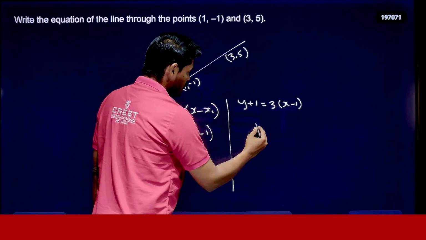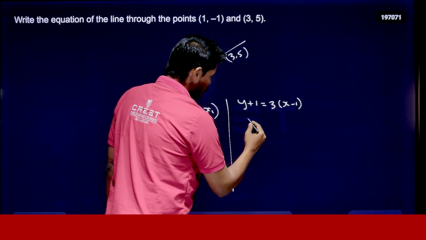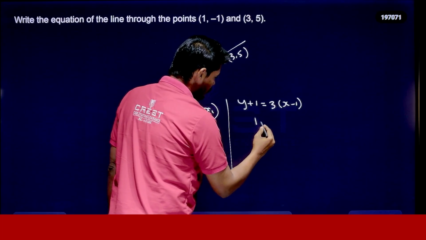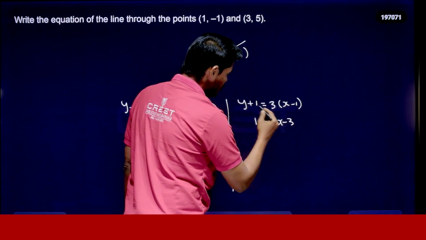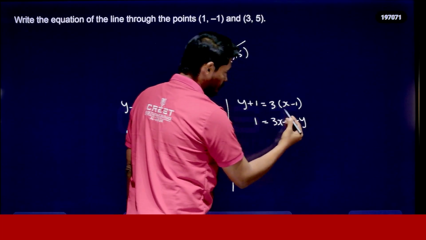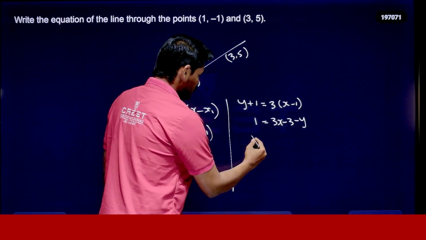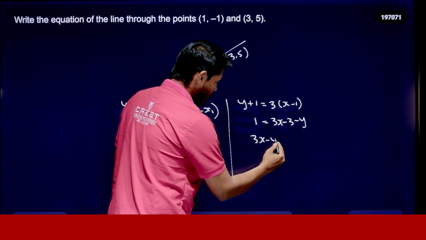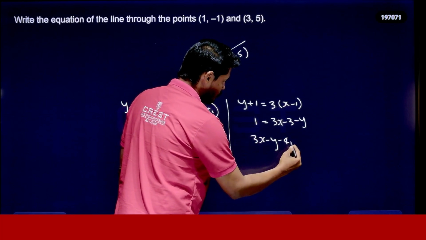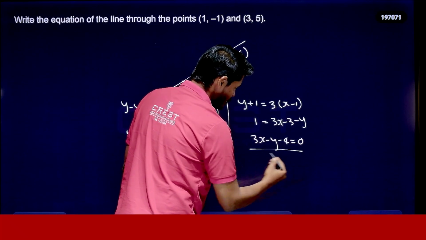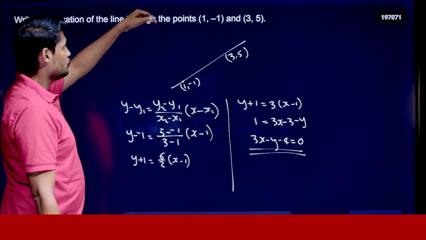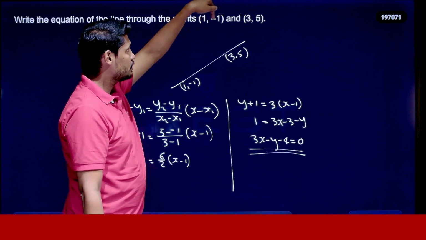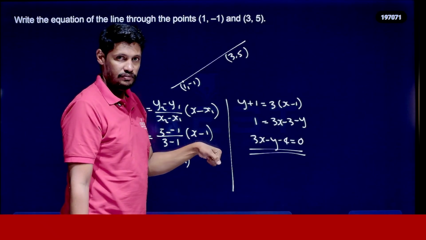That is, you will get y plus 1 equal to 3x minus 3, and we can bring the terms over: 3x minus y minus 4 equal to 0. This is the equation of this line, which is passing through the 2 coordinates 1 comma minus 1 and 3 comma 5.